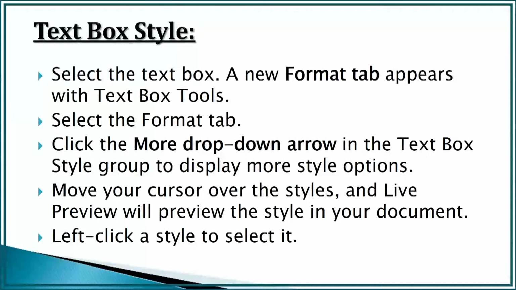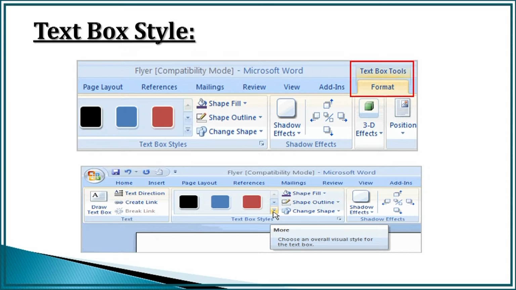We just right click the text box, and in the properties, in the format shape option, we can do these styling options. Also in the format menu, we have all these options like changing the color of the text box, the shape, filling the shape with different patterns, the outline of the shape, and changing the shape.